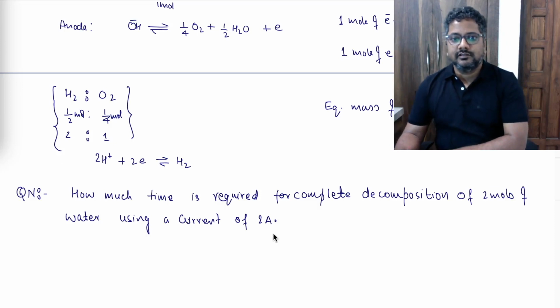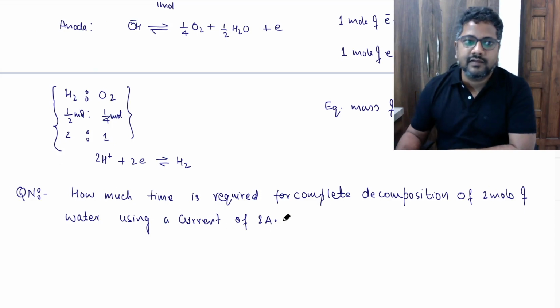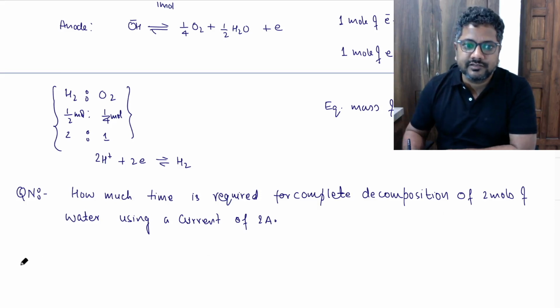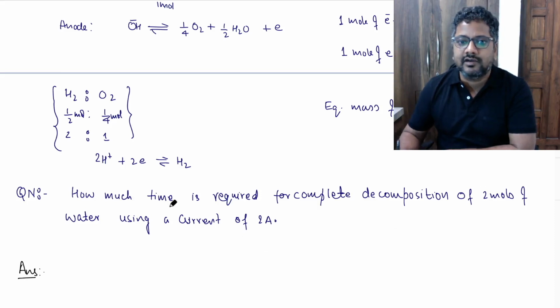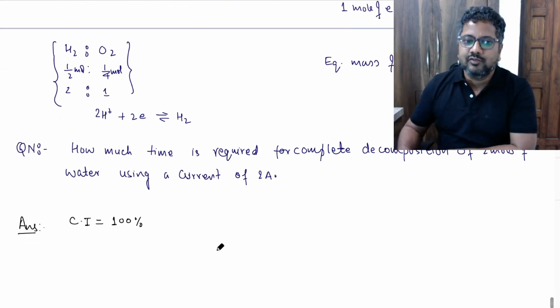See this question. How much time is required for complete decomposition of 2 moles of water using a current of 2 ampere? Before going into the detail of the solution, first, information about current efficiency is not given, so you take current efficiency 100%. If it is not given in the question, then you have to take 100%, right? Okay, now proceed.